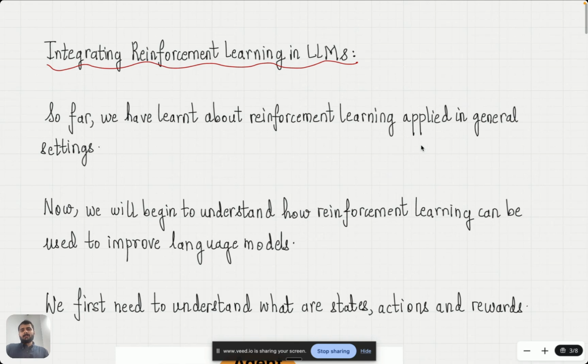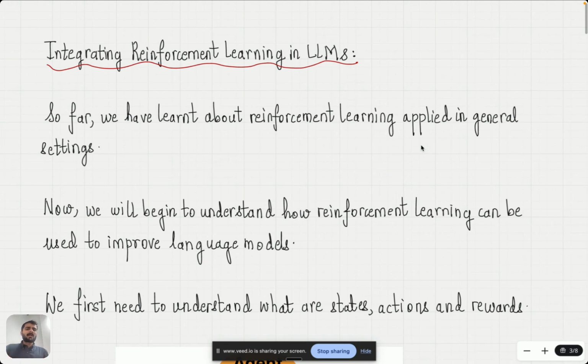How reinforcement learning can be used to improve LLMs is an extremely interesting problem statement in itself, because at first glance it's not obvious that LLMs can be represented as reinforcement learning problems. In reinforcement learning problems you have an agent which is interacting with the environment, receiving rewards and then improving. But how can LLMs be represented as reinforcement learning problems?